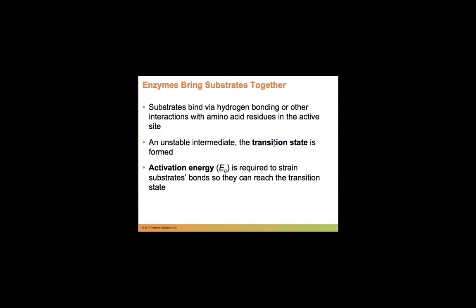In order to reach our transition state, we require activation energy. Your activation energy is required to strain the substrate's bonds so that it can reach the transition state. Our transition state is going to be a very unstable intermediate. It's not happy. Therefore, in order to get to that unstable intermediate, we need a lot of activation energy.